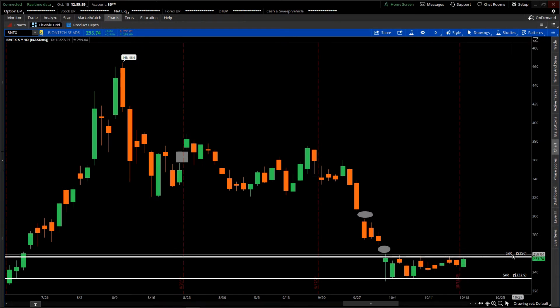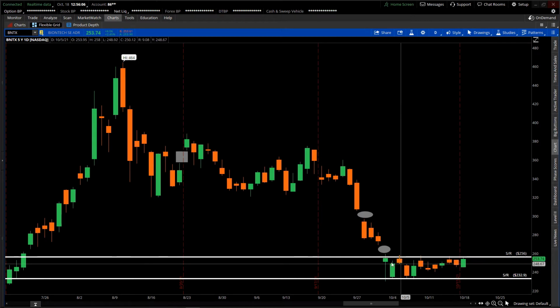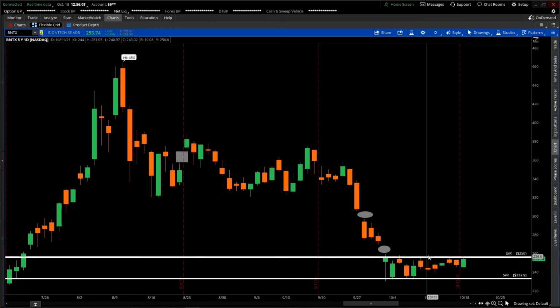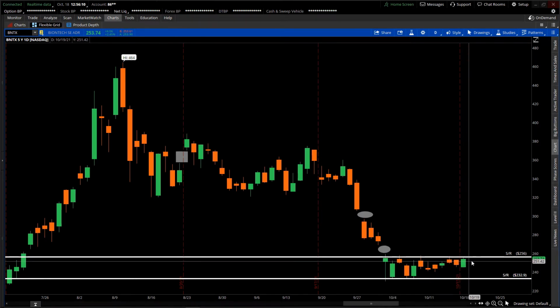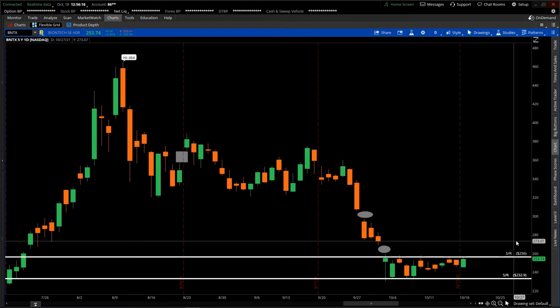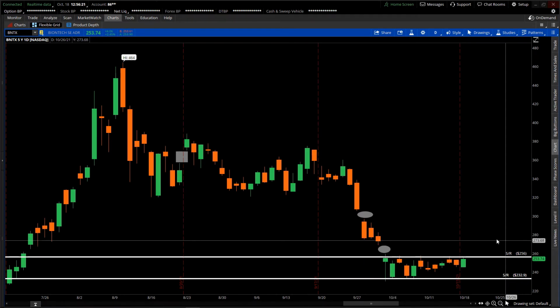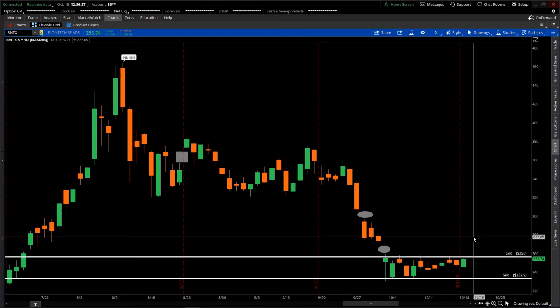Here resistance is 256, price is currently at 253, so it's $3 away. You can see that price has been respecting this price level. However, if price does get above it, I think it has a good chance of running a bit higher, maybe to the 280 level, possibly fill the gap, consolidate, and maybe have another leg towards the upside, or consolidate further and then retest 256.